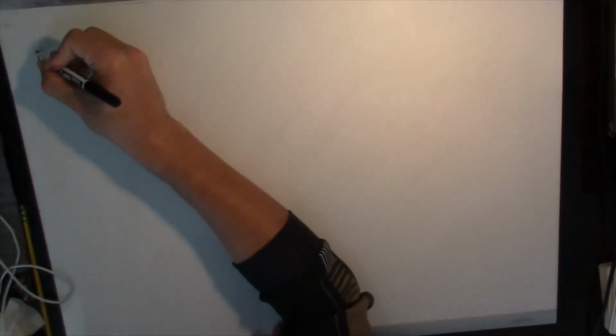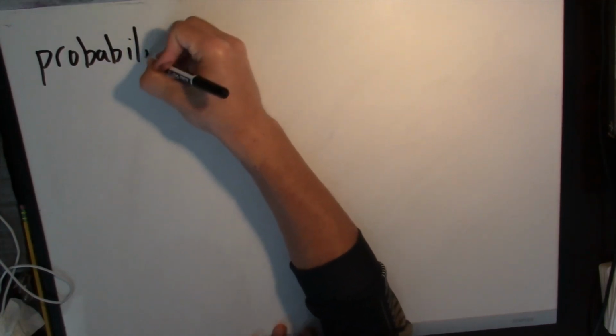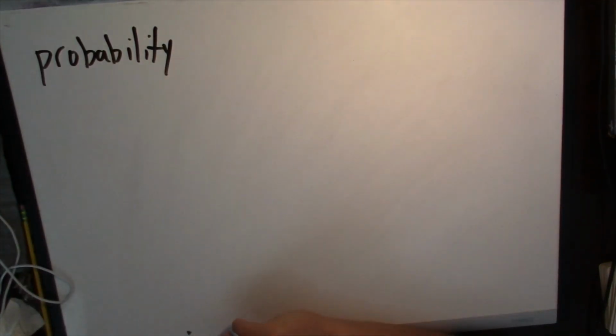Okay. So before we start, this is just a reminder. The set itself and the empty set are always subsets. Okay, the next thing we're going to get into is the main topic of this unit, which is probability.